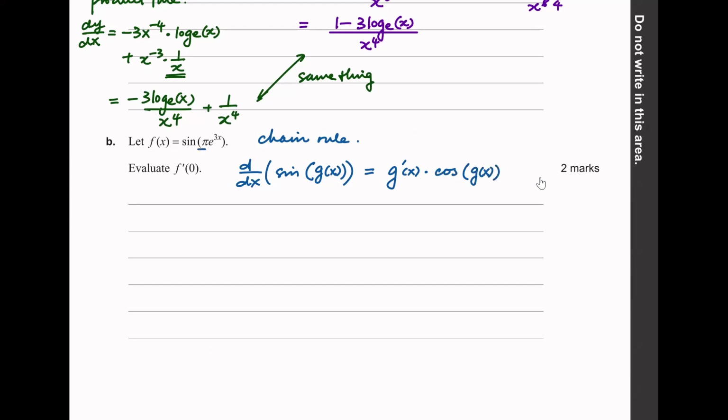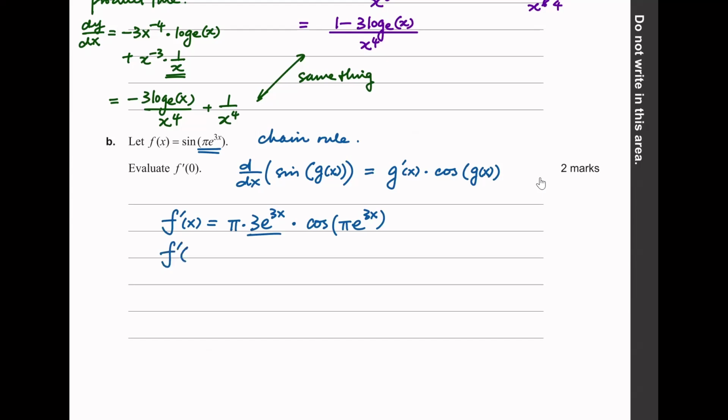That means g of x is this pi e to the power 3x. So my f dash of x is going to be pi times 3e to the power 3x. You need to find the derivative of the inside times cosine of, actually I don't have 3 here, just pi e to the power 3x. So don't write an extra 3 inside.